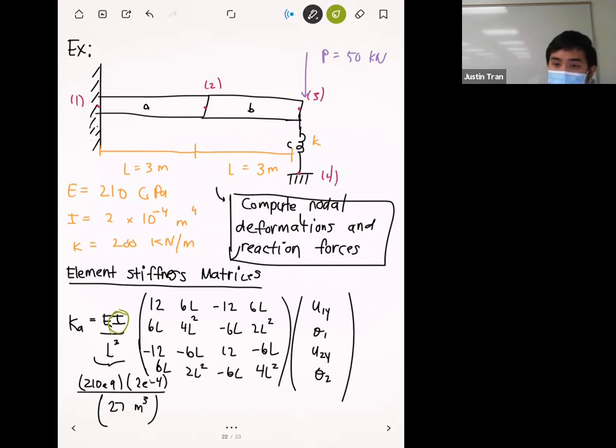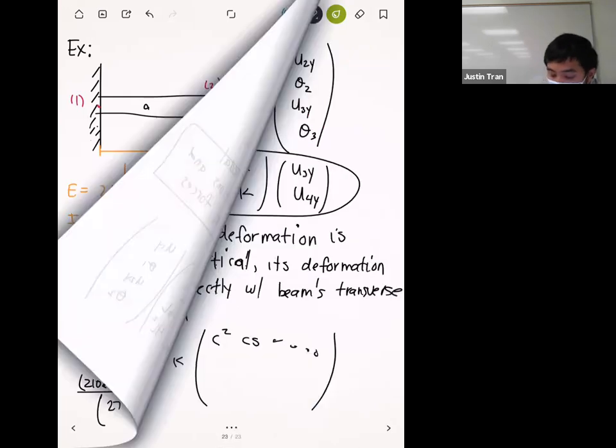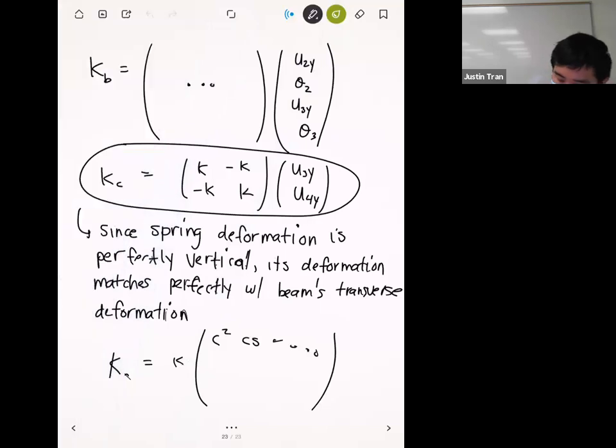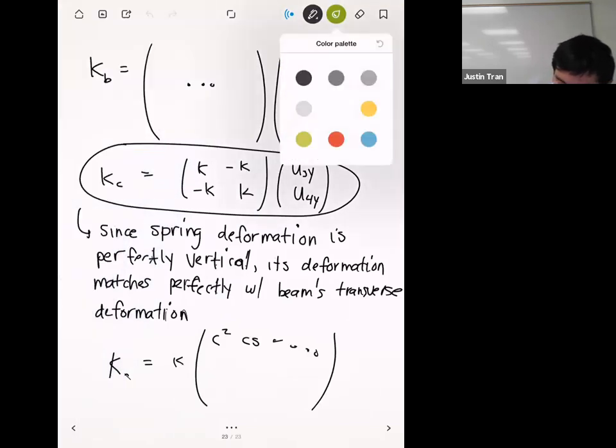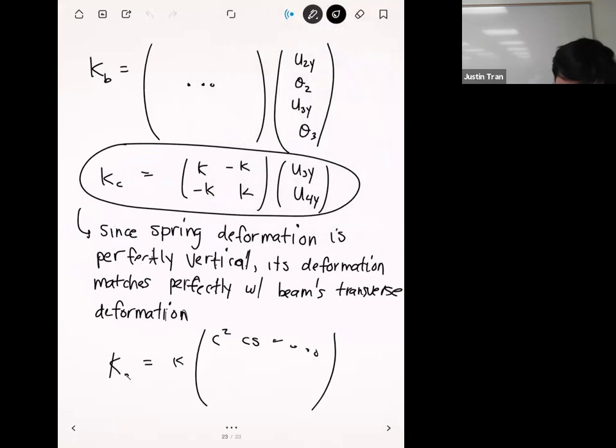Question. So would that constant of EI over L cubed be multiplied in for KB and KC as well? Yeah. So it would be for KB. KB, remember, is also a beam. And so for KB, we have the EI over L cubed here. But since element C is a spring, we only have the spring constant, and we don't have this constant out in front.